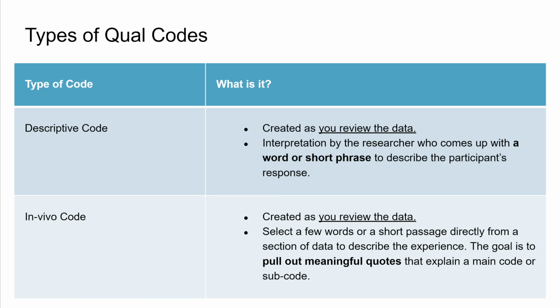All right, let's dive deeper into the specifics now. There are many types of qualitative codes, but for this class, we're just going to be using two of them. And these are really the two core ones from which a lot of other types are built off of or inspired by, I would say. So there are many, many types out there.